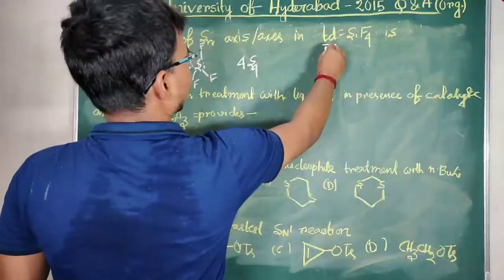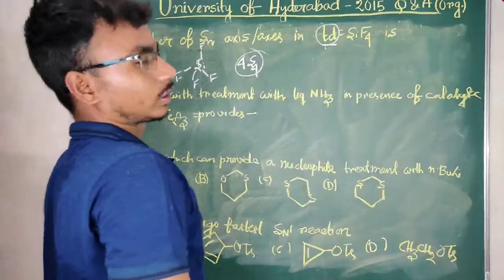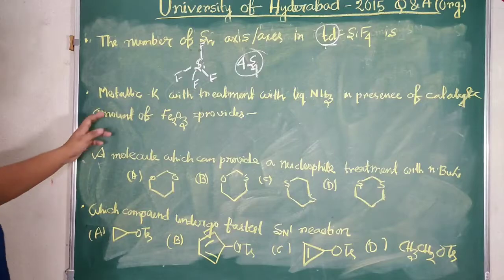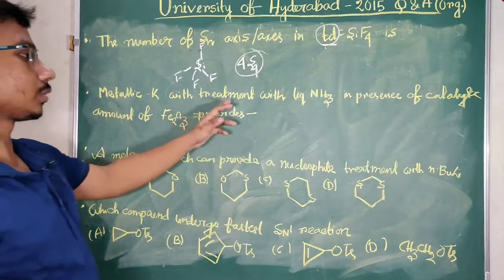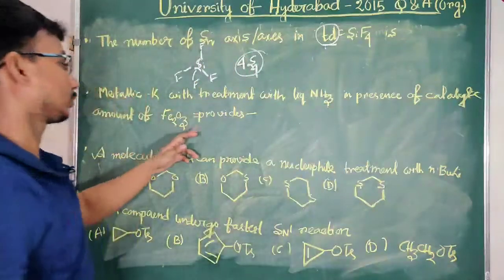When the compound is T_d, there are 4 alternating axes of symmetry.